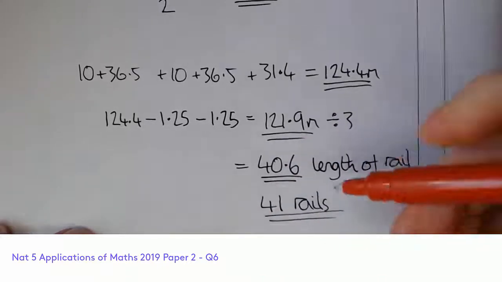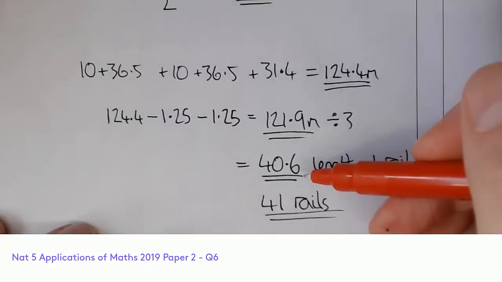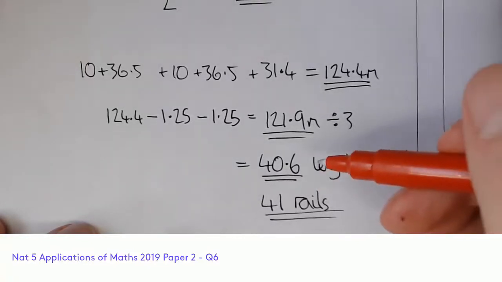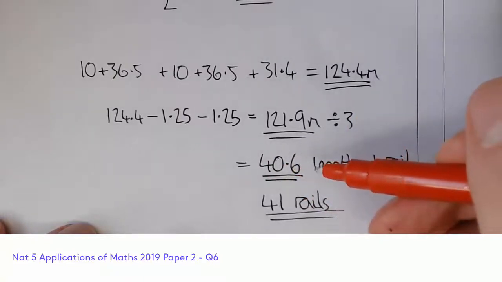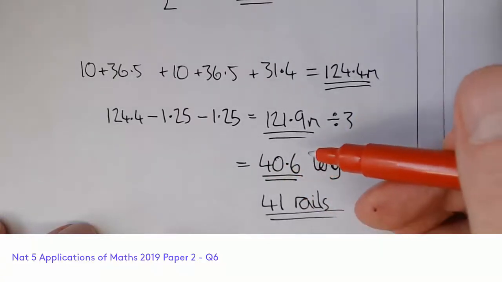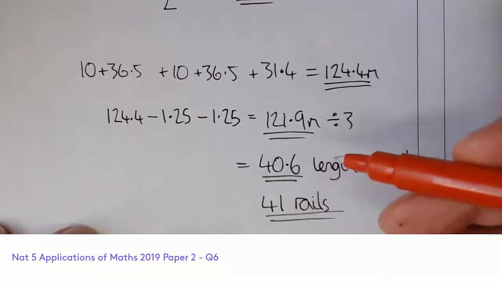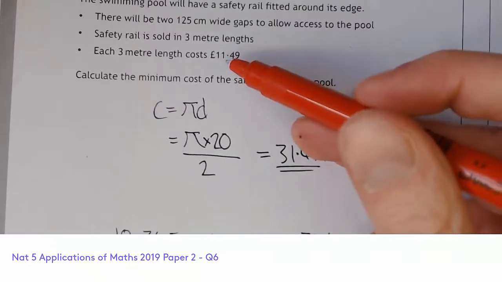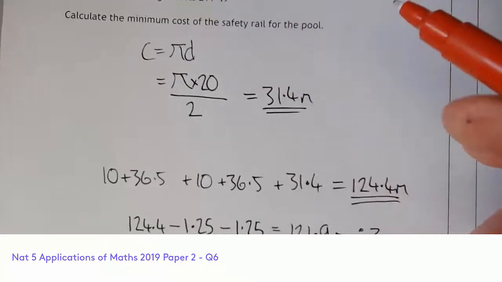Just like if you're wallpapering your wall, you end up having that excess, so you don't want to be missing 0.4 of a rail, so you're going to have to get 41 rails. Now it tells you it's £11.49 for a rail.